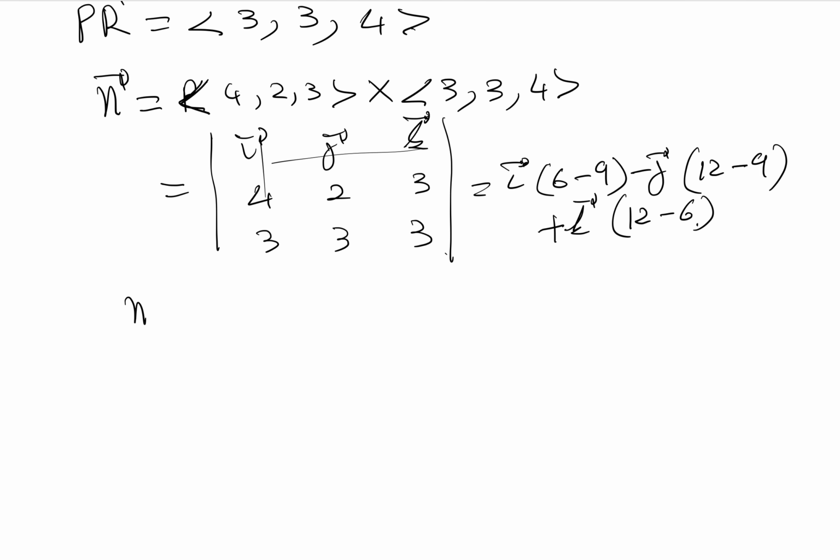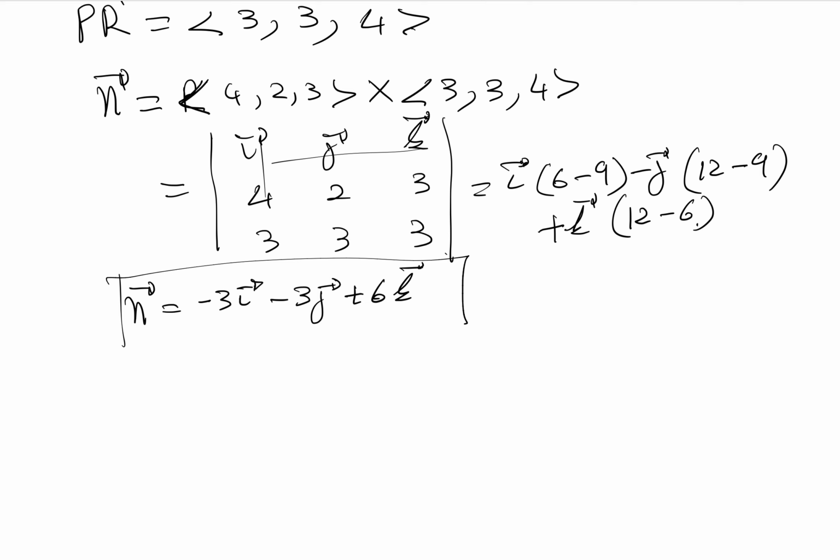So the normal vector n is equal to negative 3i, and you have negative 3j vector, and plus 6k vector.